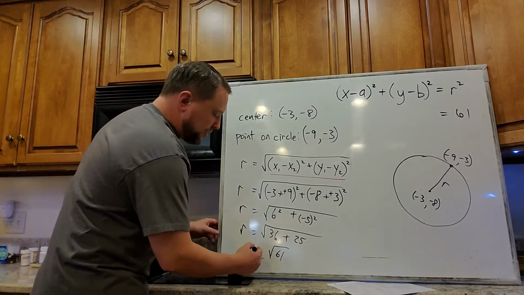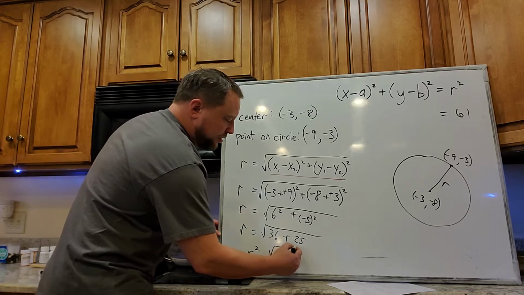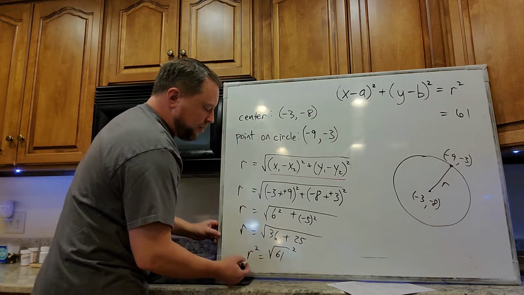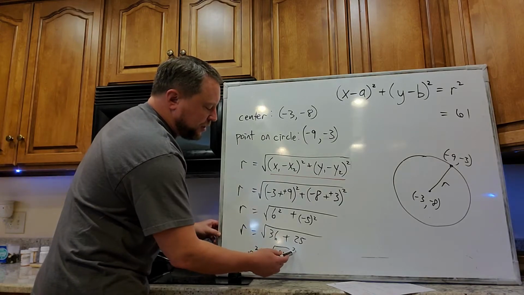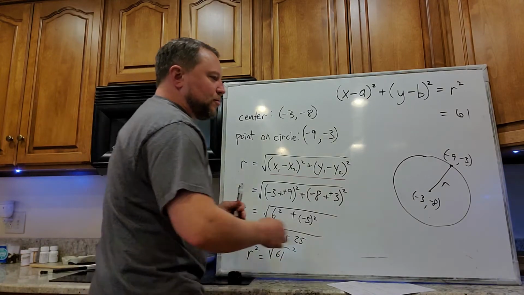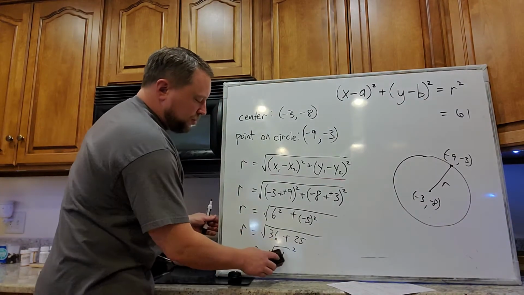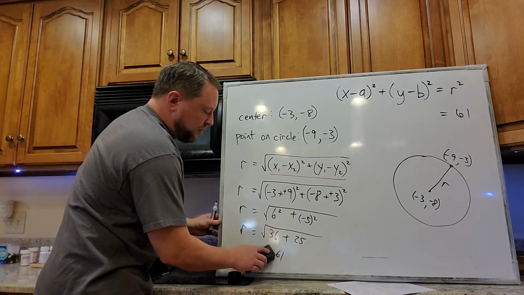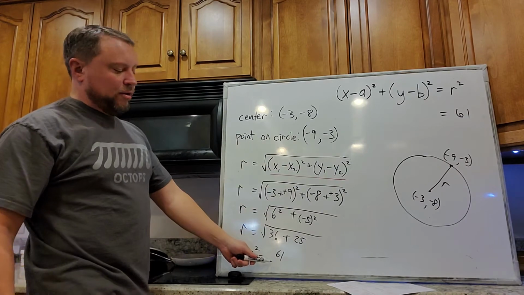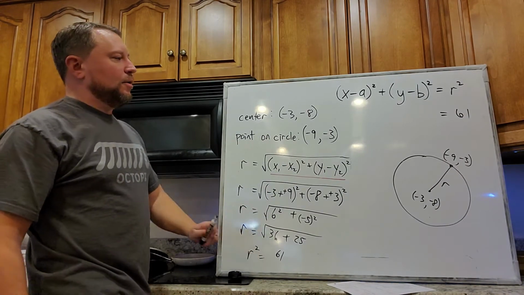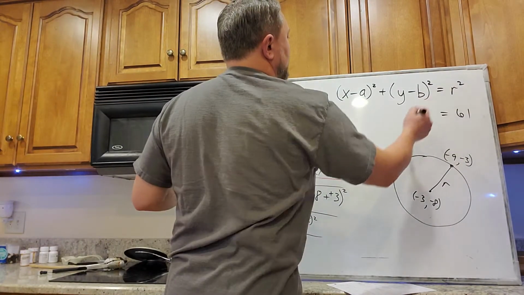Again, all I'm doing is squaring the radius, so I have to square this side as well. So r squared is going to equal 61, because the square root and square cancel each other out, leaving you just with what was underneath the square root all along. That's 61, so that's r squared.